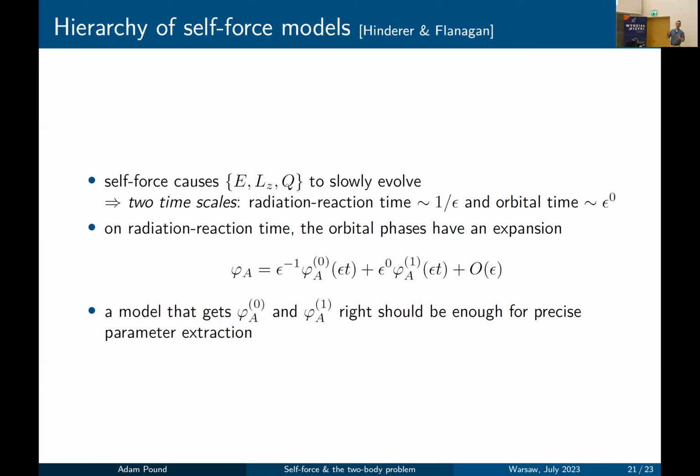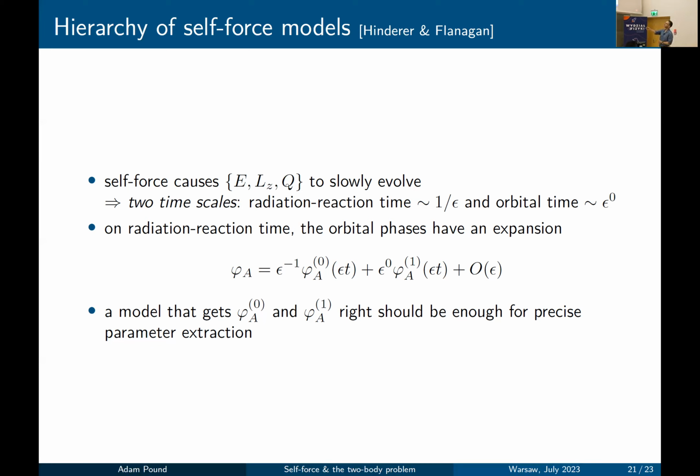Now, if we wait this long time, what was first shown by Hinder and Flanagan is that those three orbital phases have an asymptotic expansion like this. Here we're expanding in powers of epsilon, and the coefficients are dependent on epsilon times t. That's because we're interested in this long time scale, 1 over epsilon. So if t is 1 over epsilon, then epsilon times t is just of order 1.